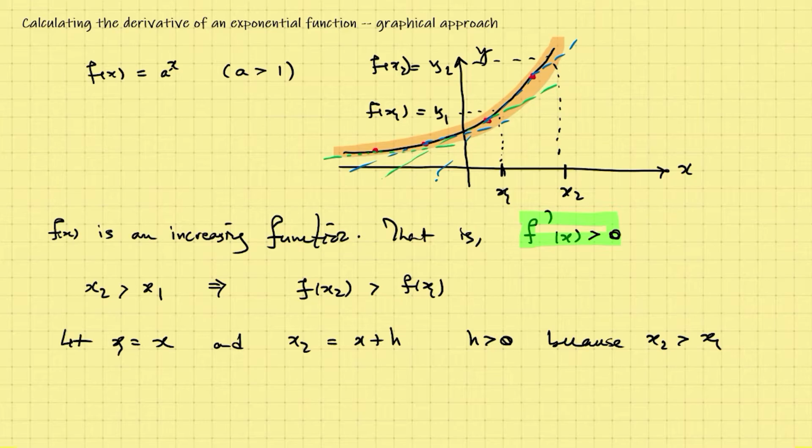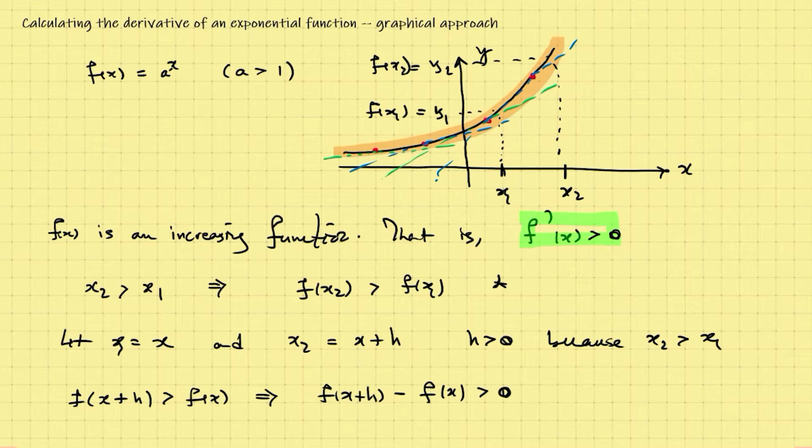So now our condition becomes f of x plus h is bigger than f of x. But from that condition, I can basically say f of x plus h minus f of x is bigger than 0, right? In this way, when I subtract the small one from the big one, I'm still going to get something positive. But we know that h already is positive. That's the way we've defined x2, by saying take h to be positive.